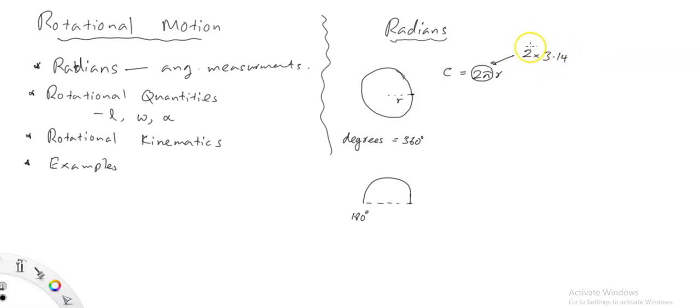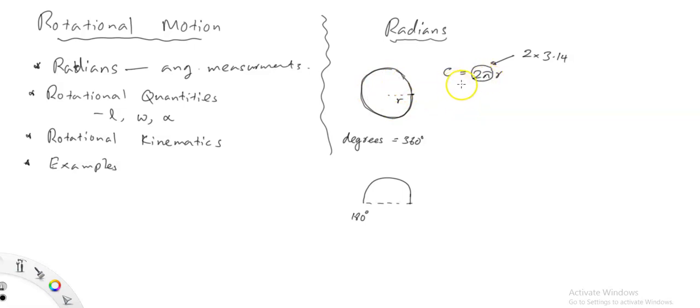So in geometry we can say regardless of what the radius is, if you multiply the radius of a circle by this particular number, you get the length, or the circumference, the length measured along the perimeter.